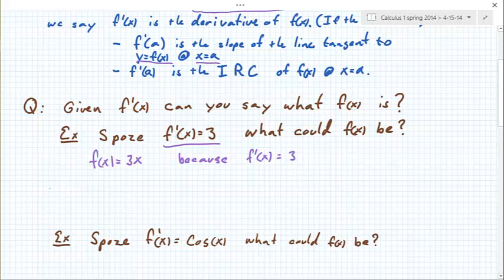But notice that f of x could also be equal to 3x plus 2. It has the same derivative. Or f of x could be equal to 3x plus 17 e to the pi, or any other crazy number I wanted to add.